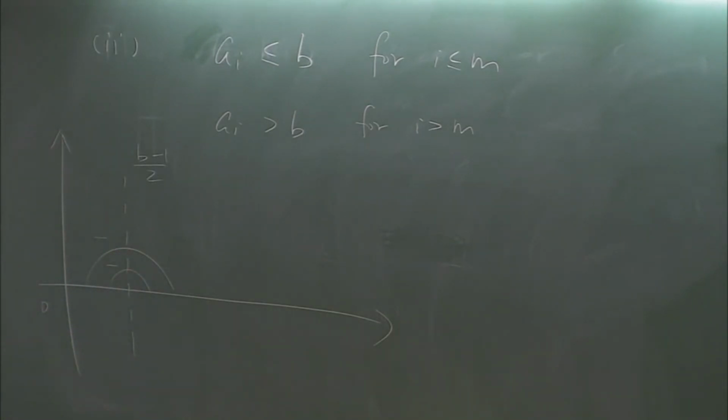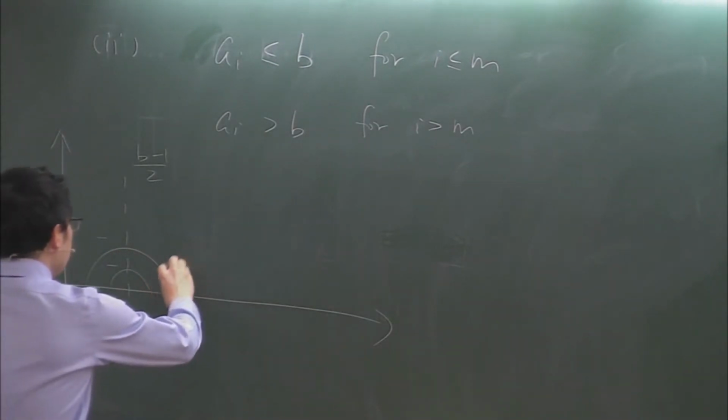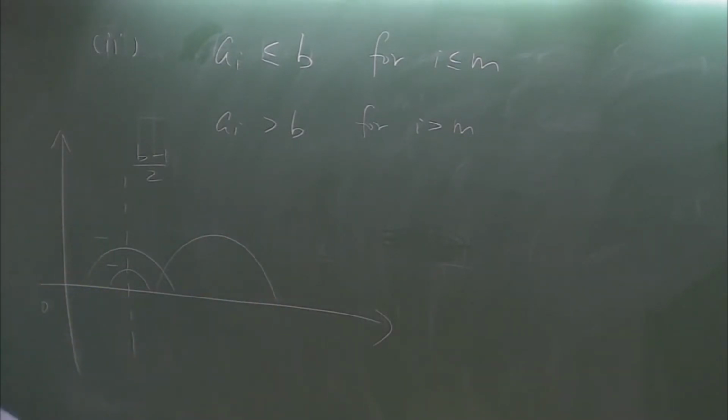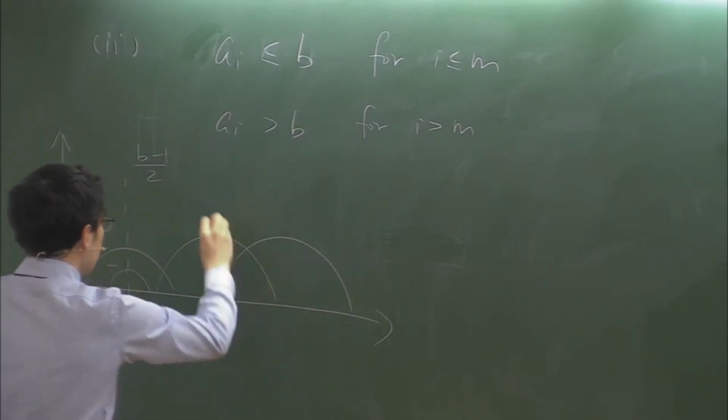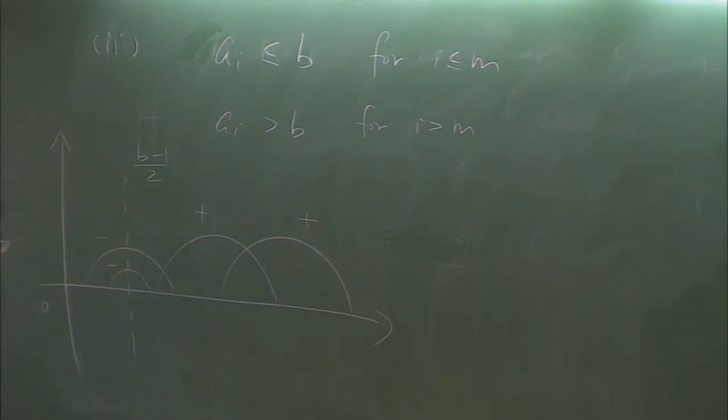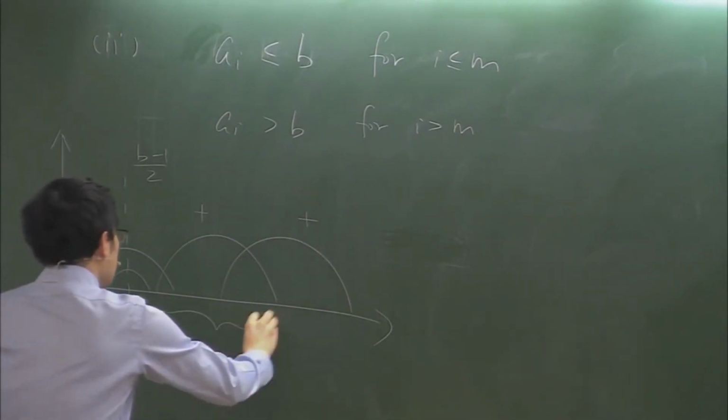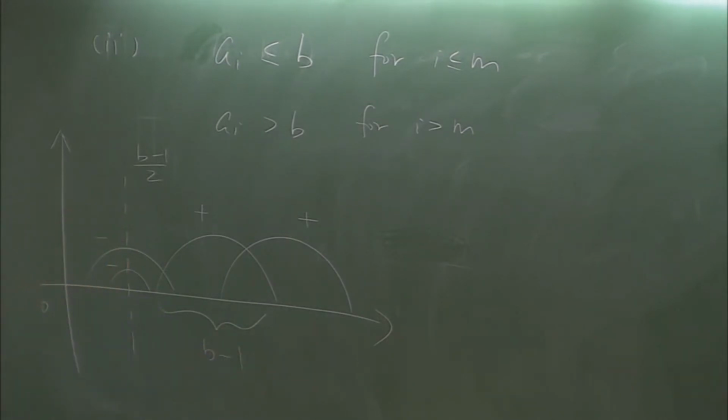And for all those A_i bigger than B, you will have intervals like this, and they will all have the same length, and they carry a plus sign. So the length is B minus 1. Okay? And in particular, the plus intervals will be bigger than the negative intervals. Okay, so that's the special shape of this parameter.